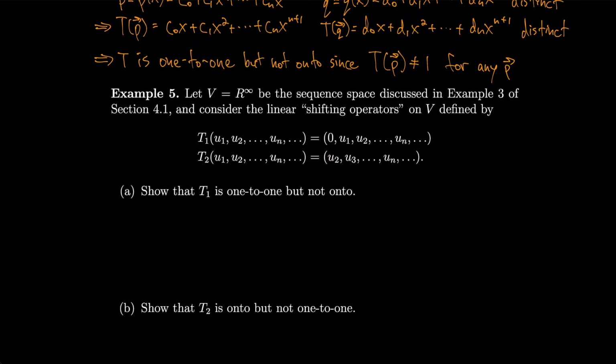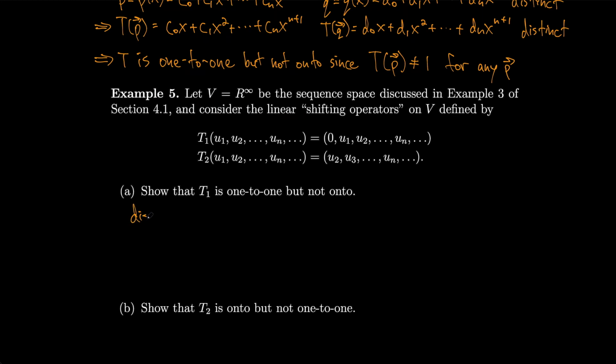So for T1, notice if I have any different sequences u1 through un all the way up to infinity, putting a 0 in will still produce something different. Or looking backwards, if I have 0 and then u1 keeps going, that would have to come from a distinct u1, u2, and so on sequence.